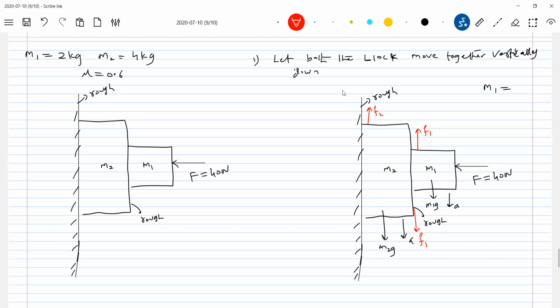The friction on the ground will be like this. There will be normal contact. This will be N1, this will be N2. So these are all assumptions we made. We assume that both will have the same acceleration. This is something very important which we assumed.